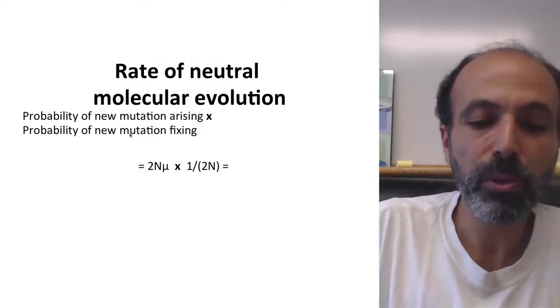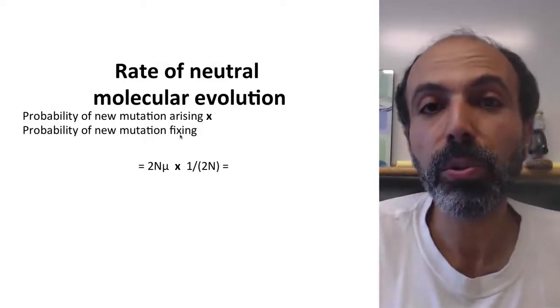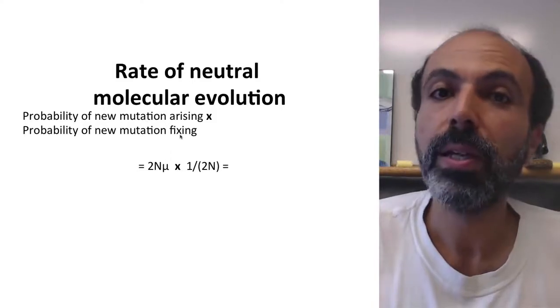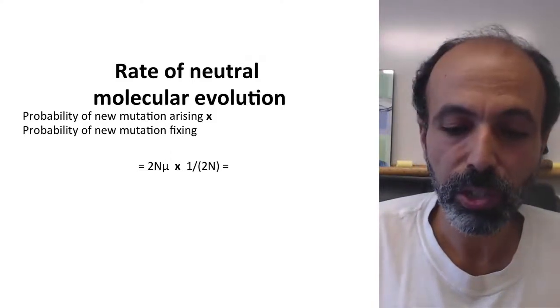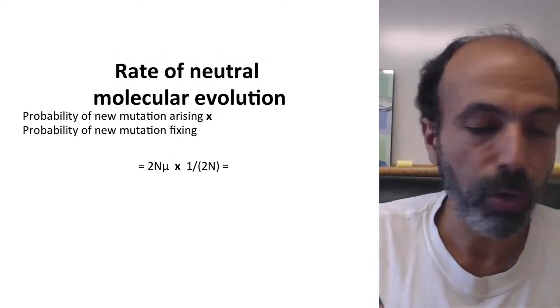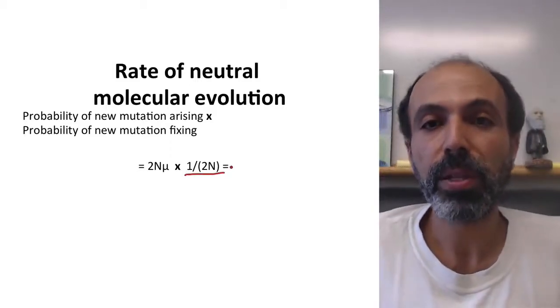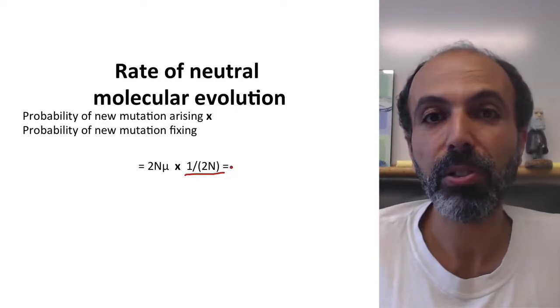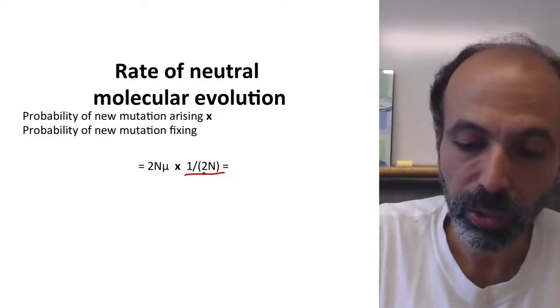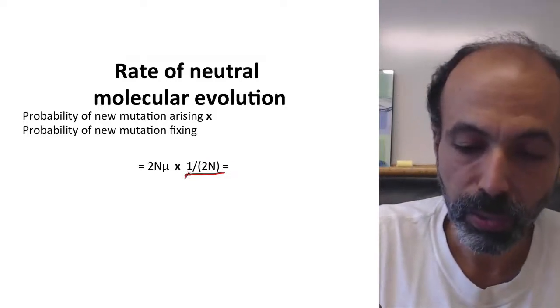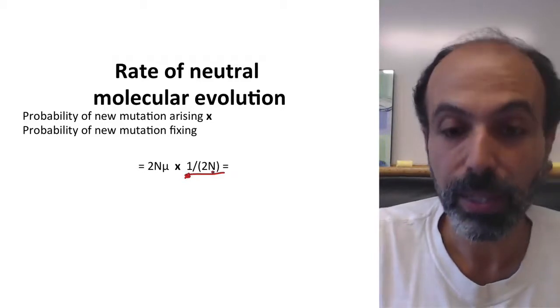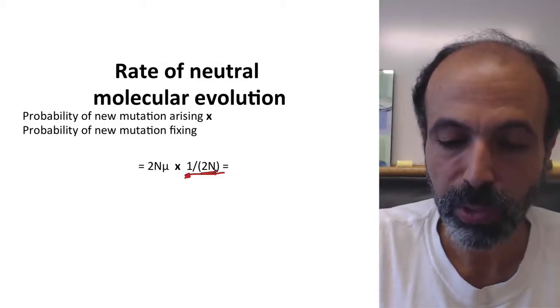The probability of a new mutation fixing will be equal to its starting frequency. The starting frequency of a new mutation will always be 1 over 2N. This is very important, 1 over 2N. Because this new mutation has arisen in a population that is diploid, and there's only one copy of the new mutation. So it's one mutation in this population of 2N chromosomes.